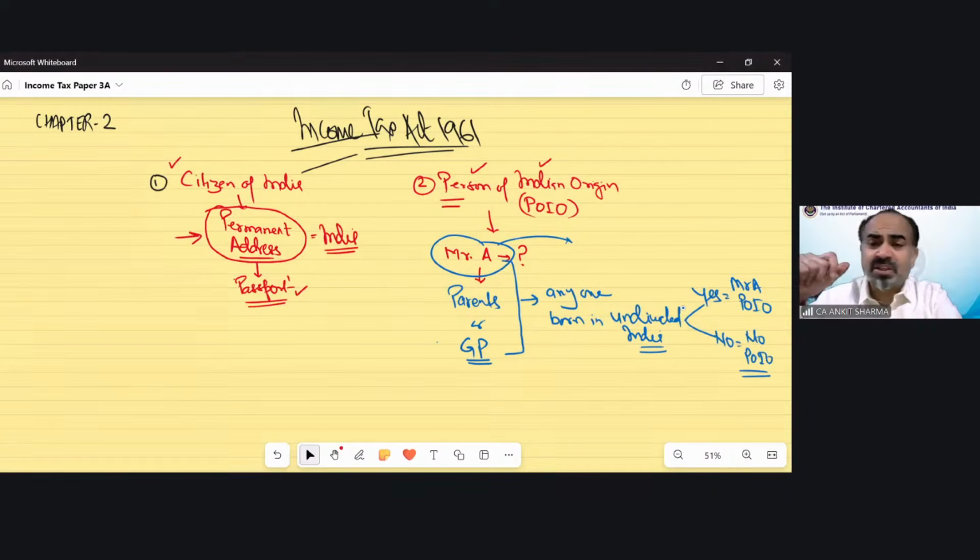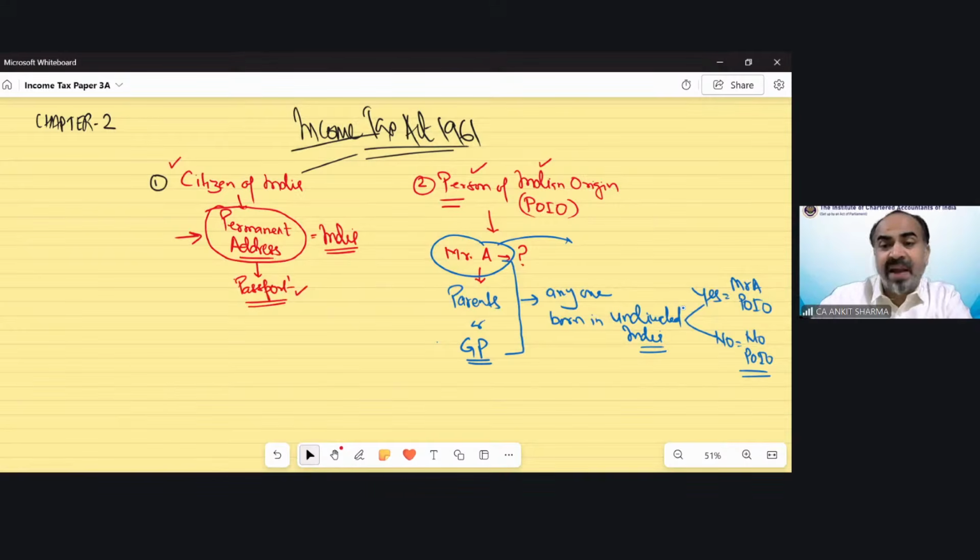You can apply this condition upon yourself again. If your birth was before 1947, you will be a person of Indian origin. That I believe is not possible. If not you, but any of your parents or grandparents was born in undivided India, then also you will be treated as a person of Indian origin.